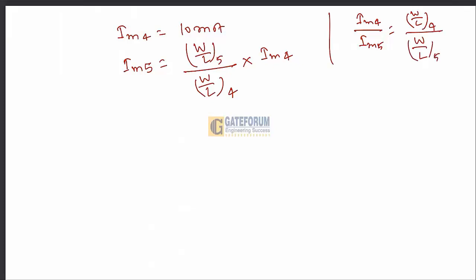W by L for the fifth transistor is 5, as given in the figure itself, and W by L for the fourth transistor is 10. IM4 is 10 milliampere, so we get 5 milliampere.